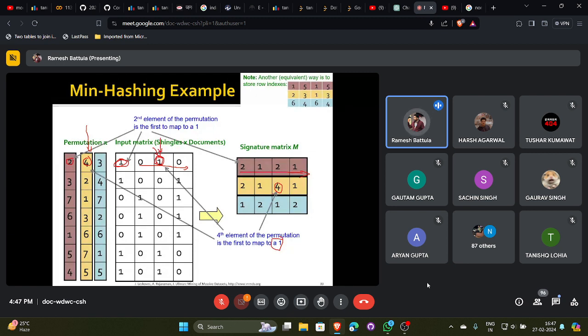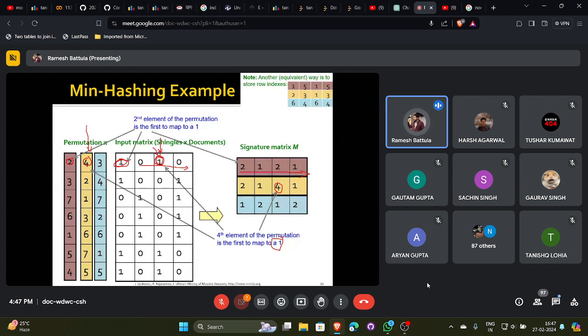Next, the third one, we need to observe the first one, and because of that we are using 1, 2, 1, 2. The same thing we need to observe in the above example also. Another way is to store the row indexes. Properly you need to store the row indexes. You will get to know this particular example.